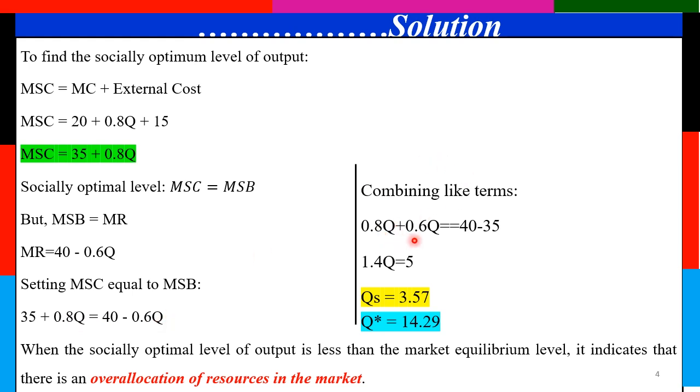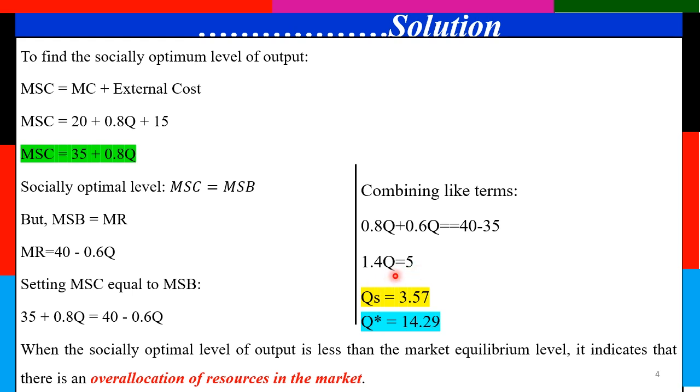Therefore, when you add variable in one side, 0.8 plus 0.6. 0.6, when you take this negative number to this side, it becomes what? Positive. Is equal to 40 minus 35. 0.8 plus 0.6 means 1.4 cube is equal to 5.